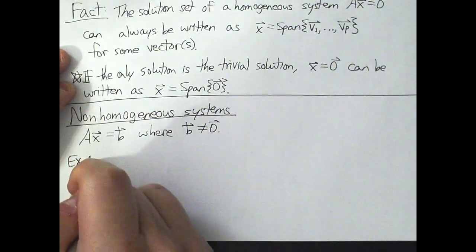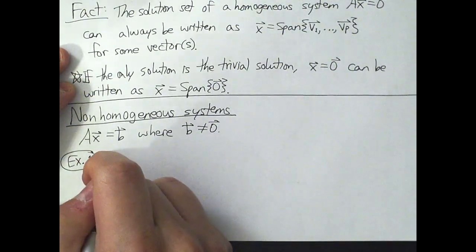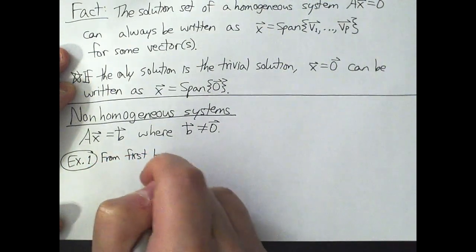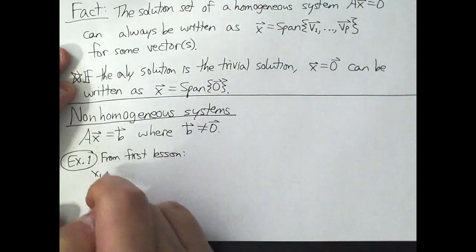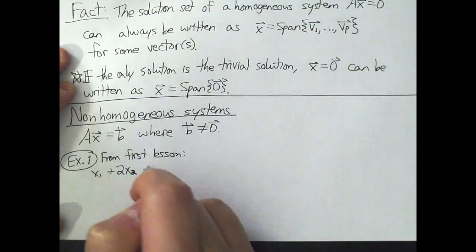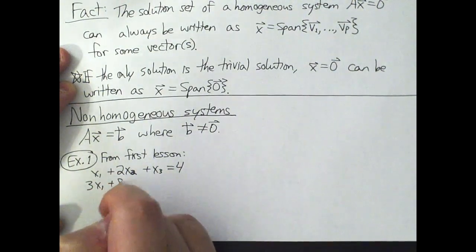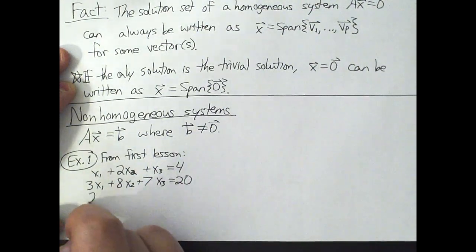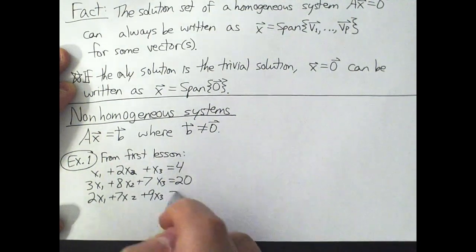So, example 1, from the first lesson that we had, we saw this system. 2x2 plus x3 equals 4. 3x1 plus 8x2 plus 7x3 equals 20. 2x1 plus 7x2 plus 9x3 equals 23.